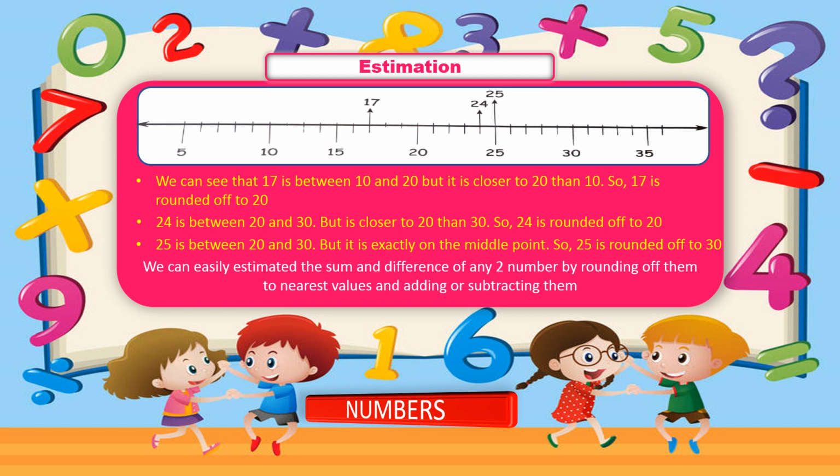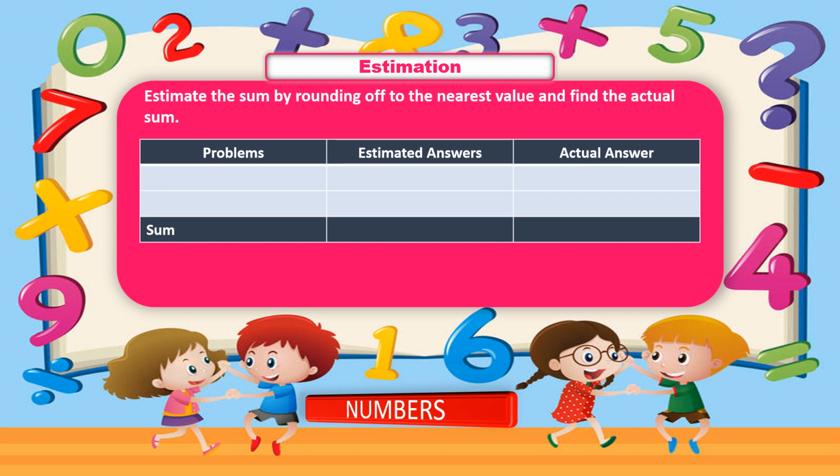We can easily estimate the sum and difference of any two numbers by rounding them off to the nearest value and adding or subtracting them. Estimate the sum by rounding off to the nearest value and find the actual sum.